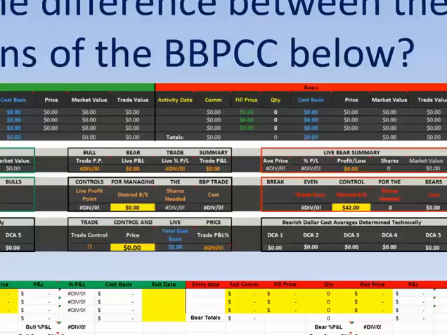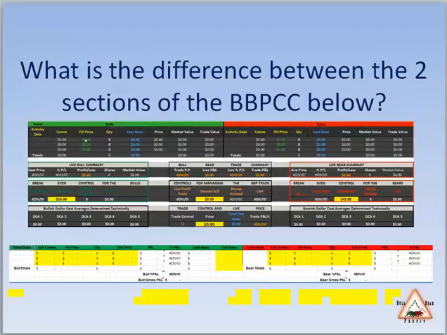The trades are in a certain state. Live? Yes, live trades. There you go. Top section's live trades, and the bottom section is when you close your trades. Those are the answers I'm looking for. The upper section only holds live trades.